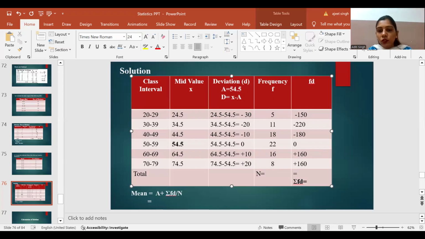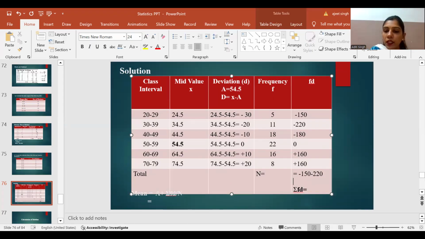As you can see on your screen, minus 150 and minus 220. When we calculate both these terms, the answer will come in minus, but in actual we have to add these values.